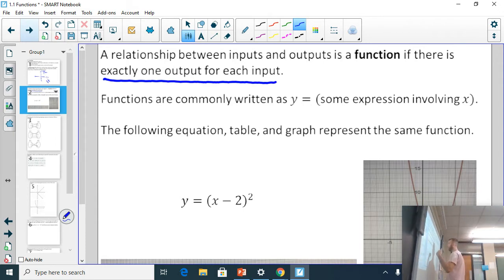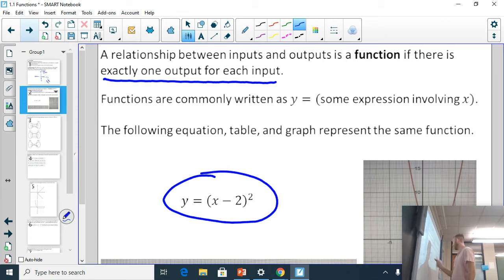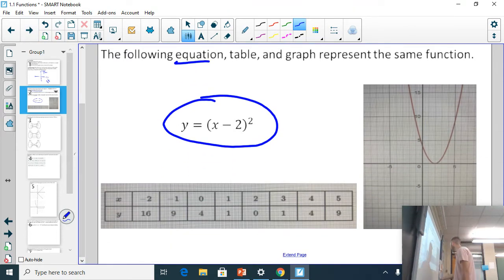For an example, the following equation, table, and graph are representations of the same function. This y equals (x minus 2) squared is the equation, and that's a function. This here is the table, and over here is the graph.